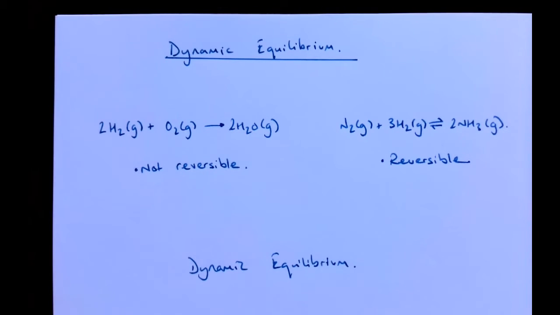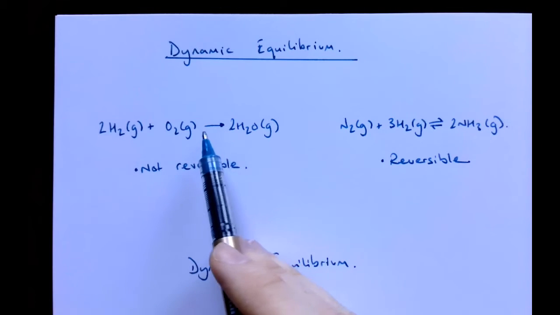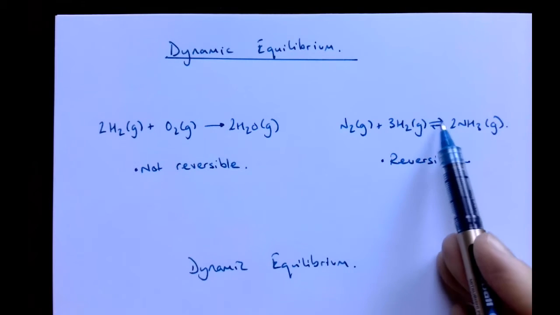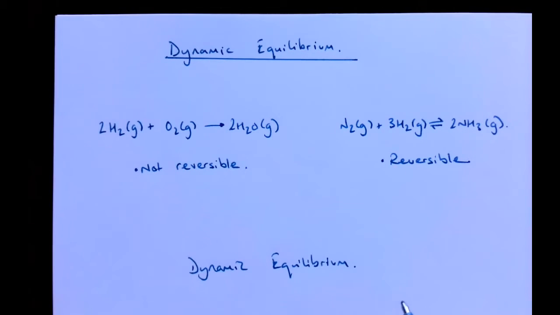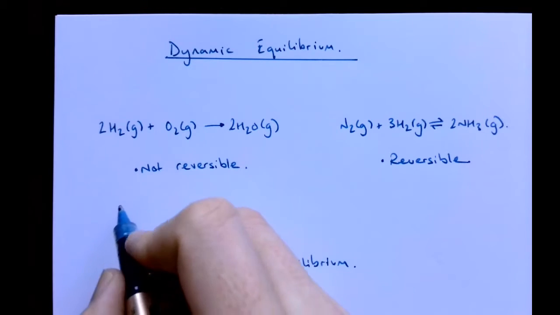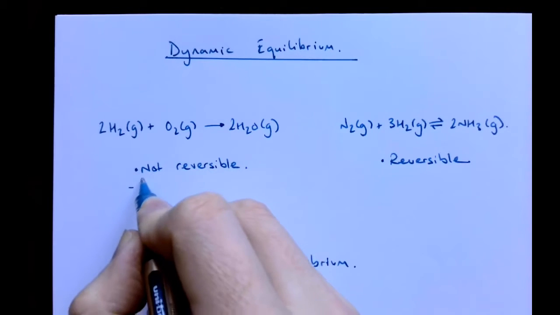Okay, so firstly, we need to differentiate between reversible reactions. This equation on the left is not reversible, indicated by the single directional arrow, and this equation is reversible, indicated by this double-headed arrow. So what does that mean? Not reversible means that this equation goes to completion.